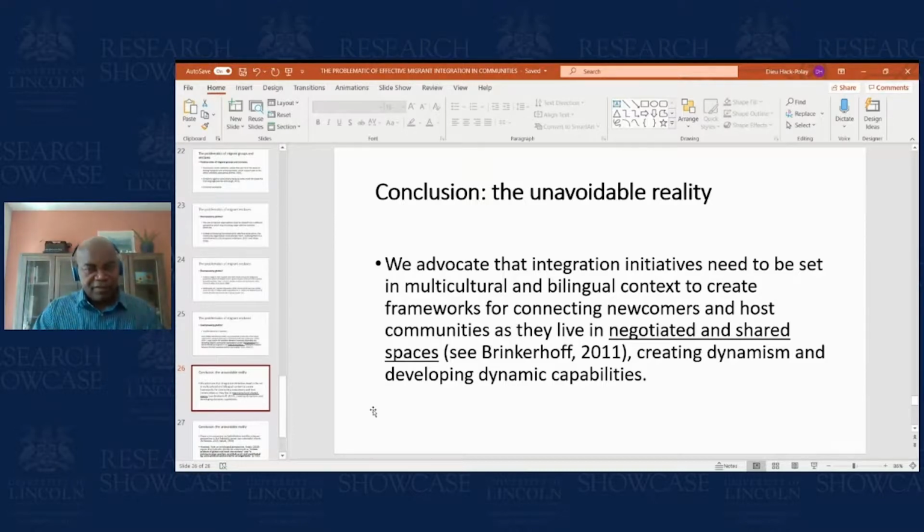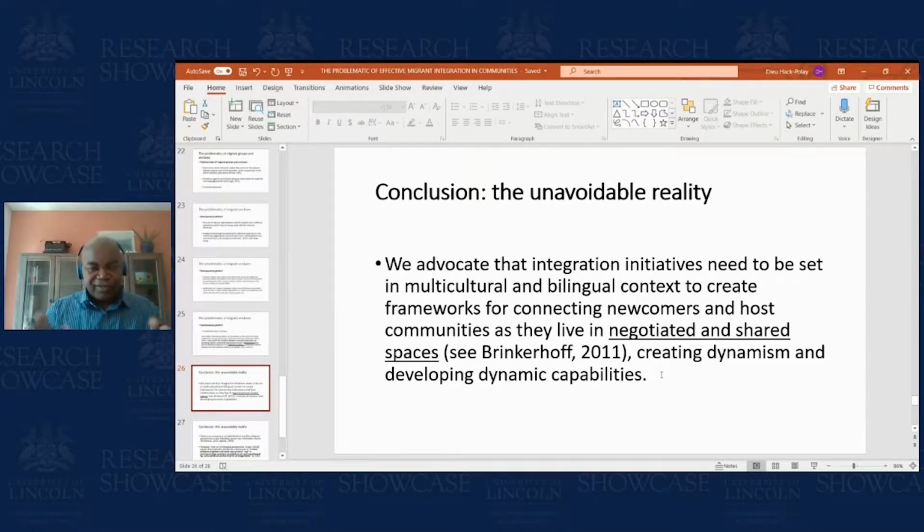Because we have to try to create a framework that connects people. If we want cohesive societies where people feel safe and we have less crime and less confrontation, then we have to look at frameworks that connect people, so people can live together in a shared space.